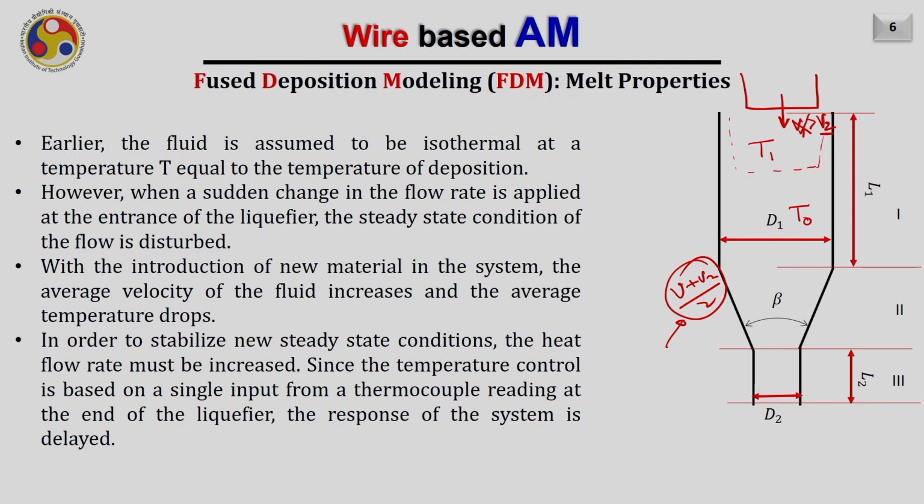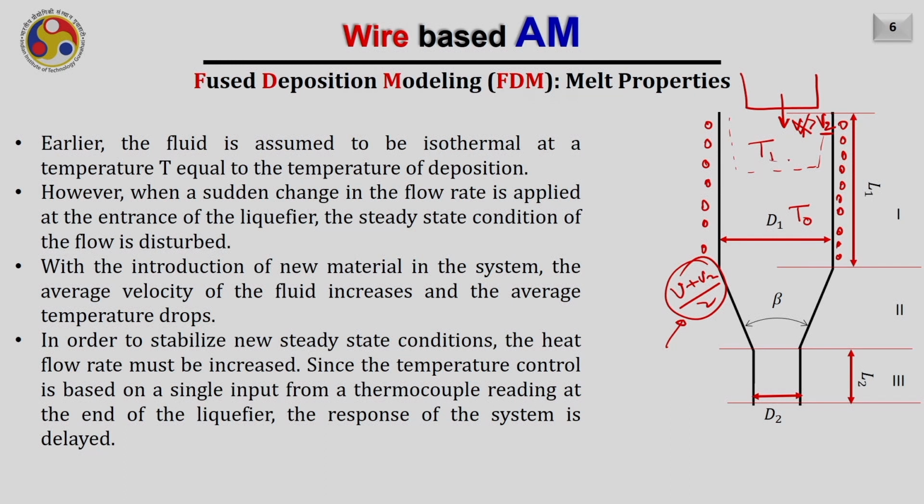So in order to stabilize the new steady state condition, the heat must flow, right? You have to quickly add more heat from these heaters which are aligned towards region 1. So how much should this heat be first of all? In order to stabilize the new steady state condition, the heat flow must be increased.